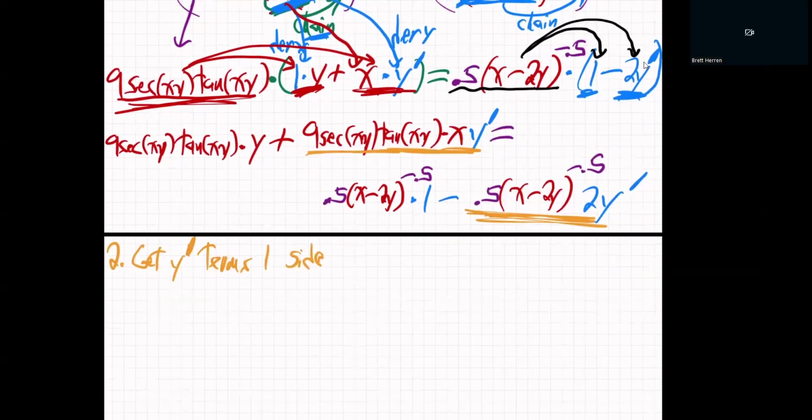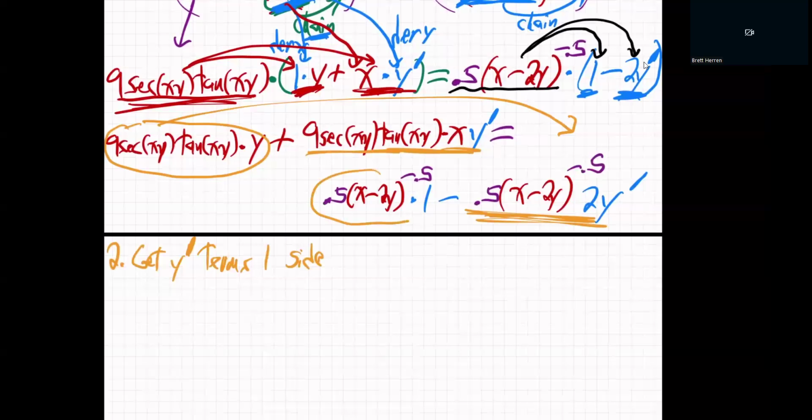How do we do that? I'm going to grab this whole whopping thing on the right side and toss it onto the left side. That'll put both the y prime terms on the left side.